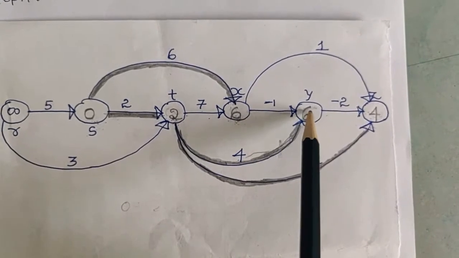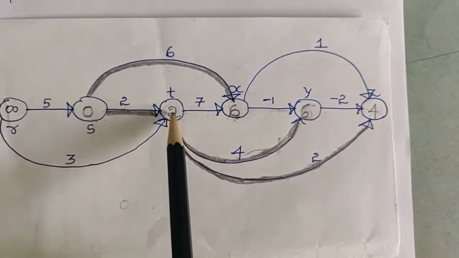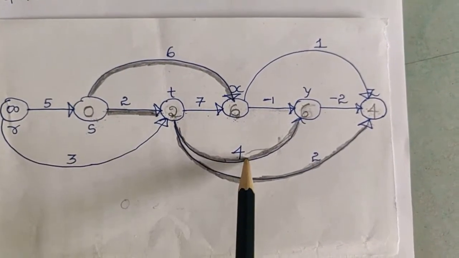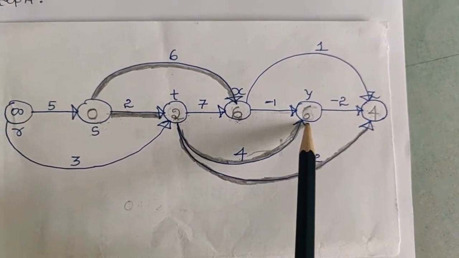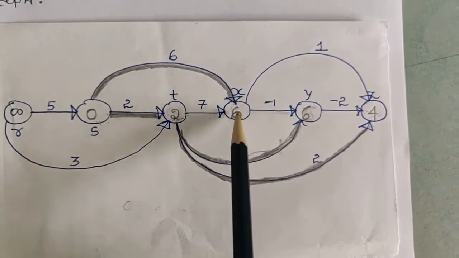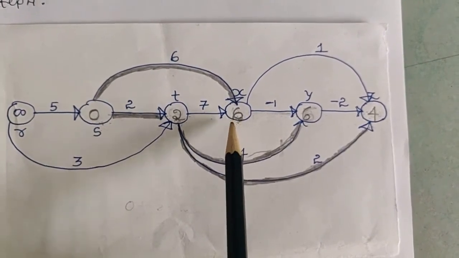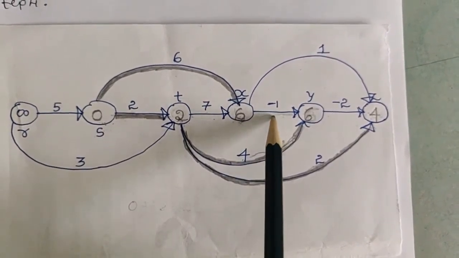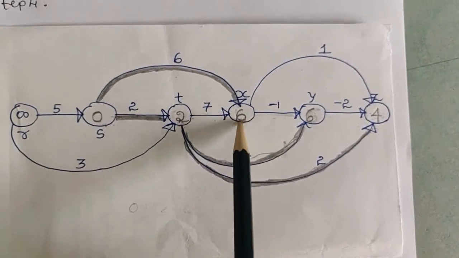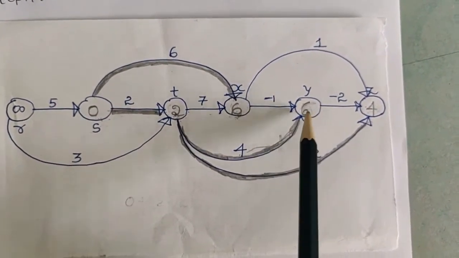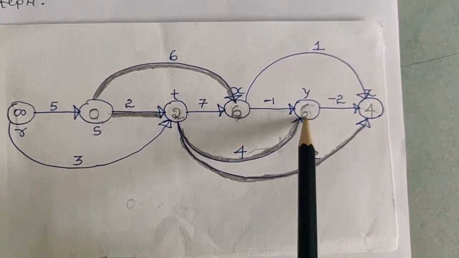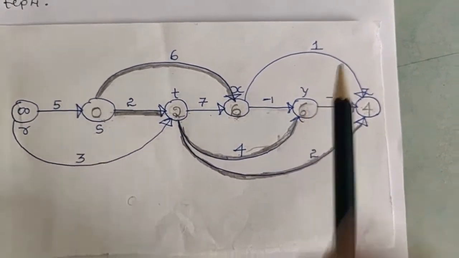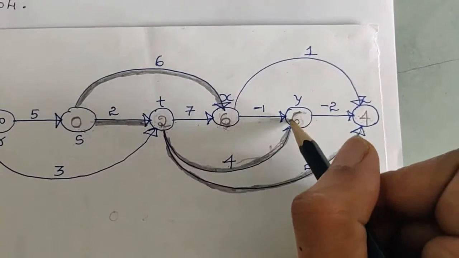I can reach this Y from the T with the cost of 4 and making this a 6. Can we optimize this value 6? Yes, we can do that. How? Here the X value is 6 and this root value is -1. So 6 minus 1, that is 5. That 5 is less than this 6. So we are optimizing this Y node value by 5.